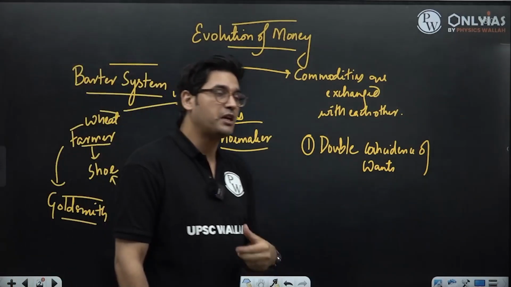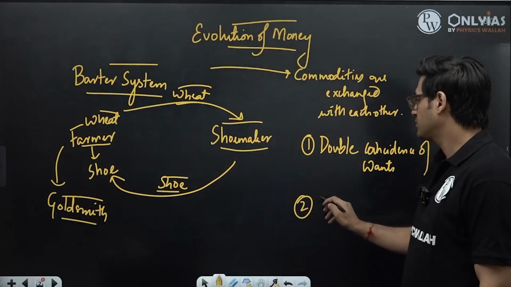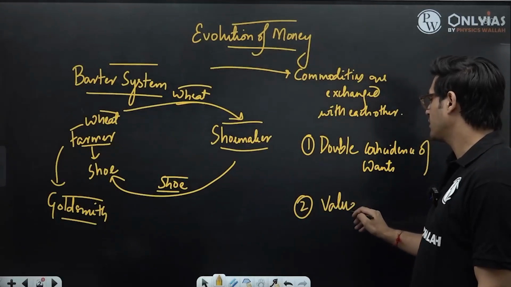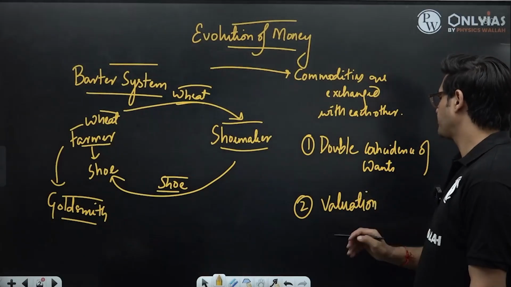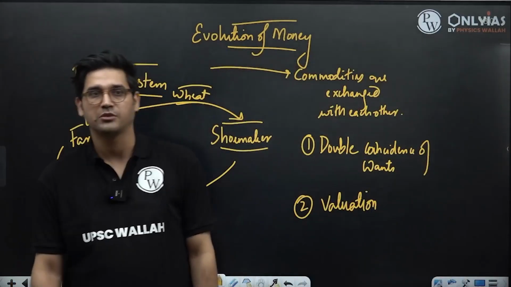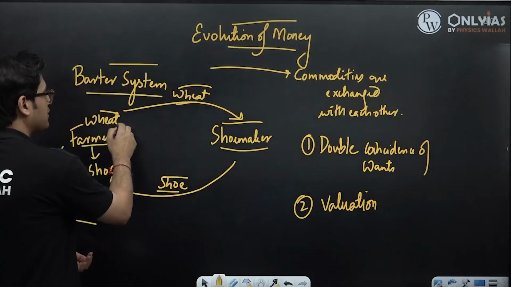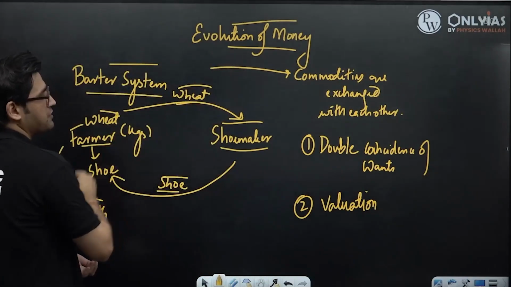The second big problem under the barter system is the problem of establishing value. Now, what is this problem of establishing value? Think of it very simply. I produce wheat and the wheat is measured in kgs.